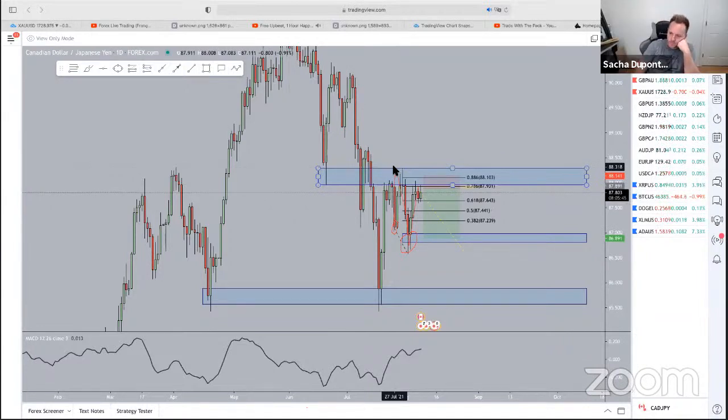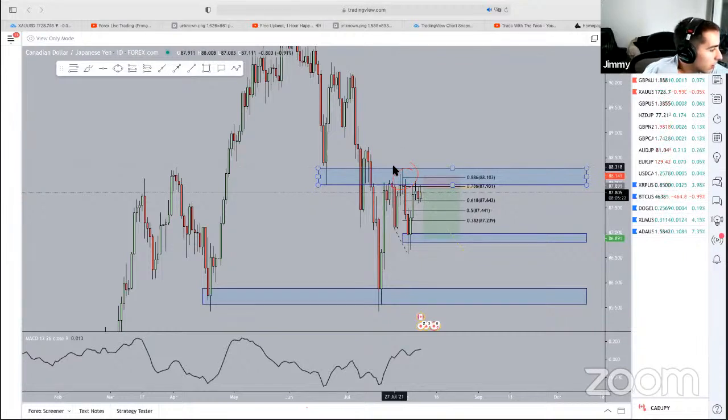So lower high, continuation right there. But I need confirmation for that. And I need the market to go into a zone of interest like this, a clear support resistance zone.